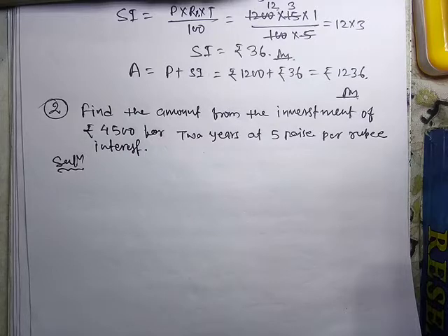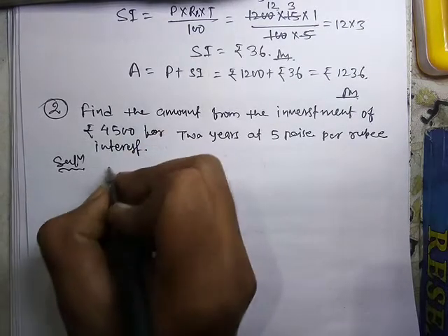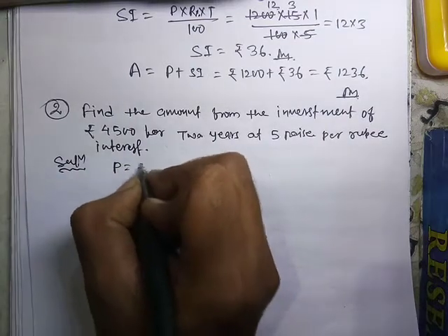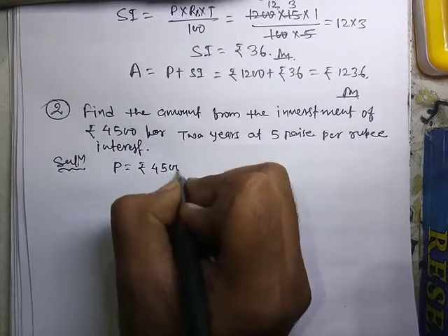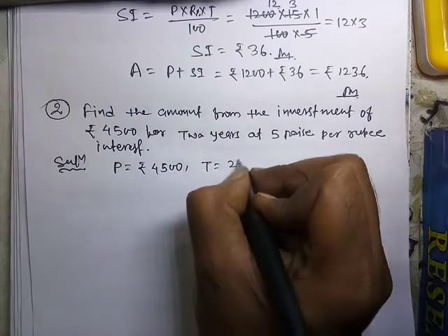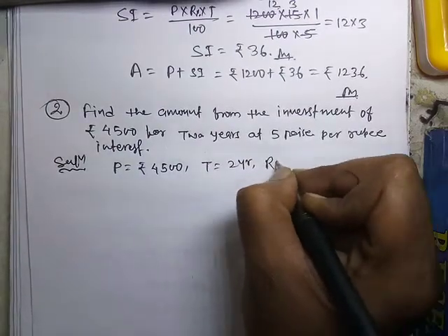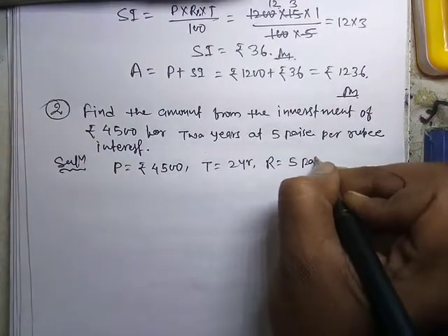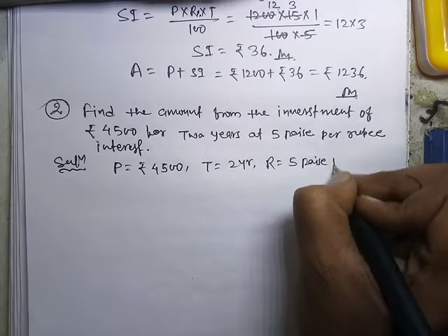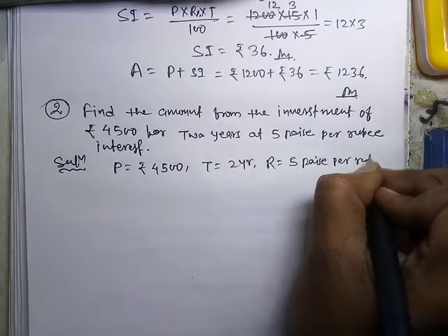For getting the amount, first you have to find the simple interest. Here it is given that principal is rupees 4500, time is 2 years, and rate of interest is 5 paise per rupee.